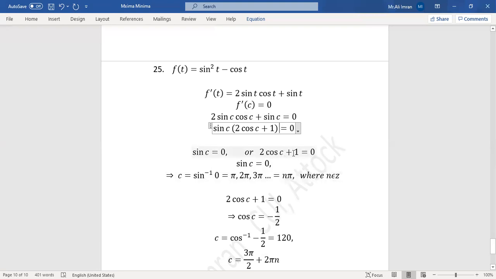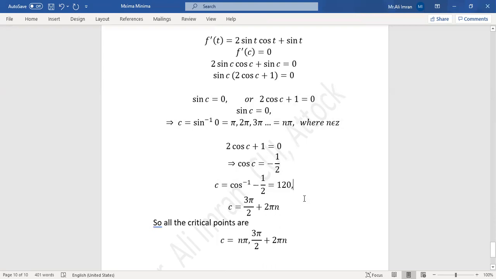Now 2 cos of c plus 1 is equal to 0. It means that cos of c is equal to minus 1 by 2, or c is equal to cos inverse of minus 1 by 2. Cos has the value minus 1 by 2 when c is equal to 120 degrees, and it has a period of 2 pi n, so c is equal to 2 pi by 3 plus 2 pi n.